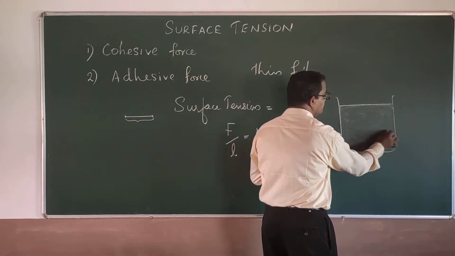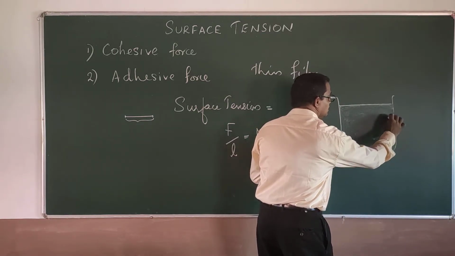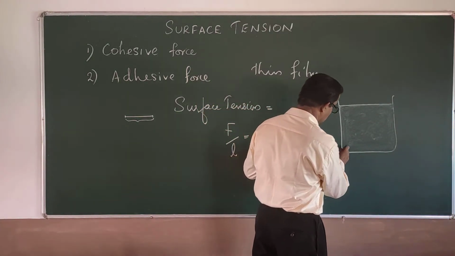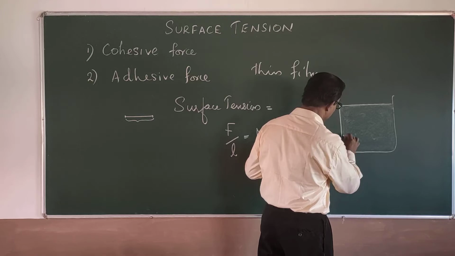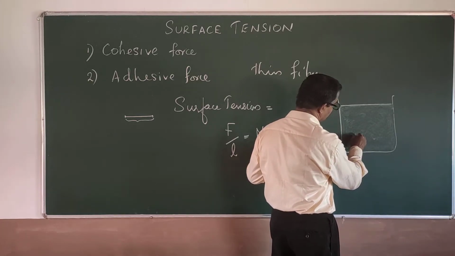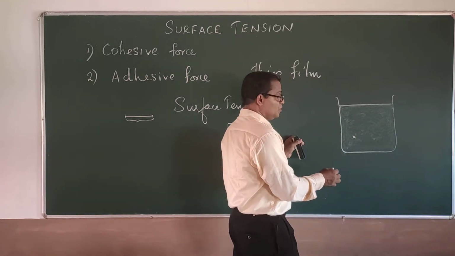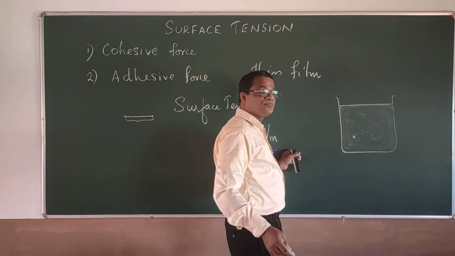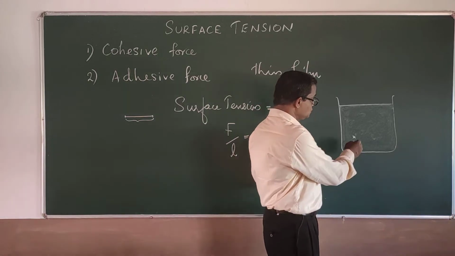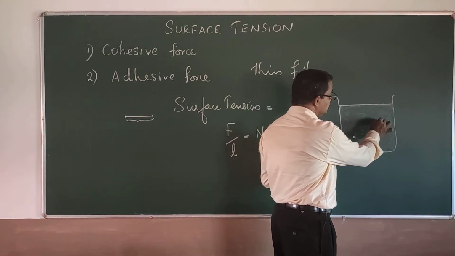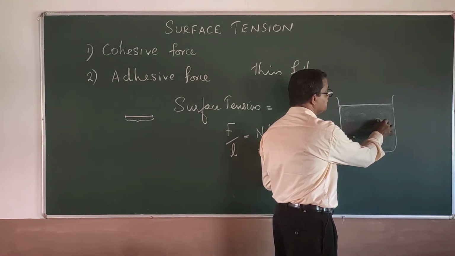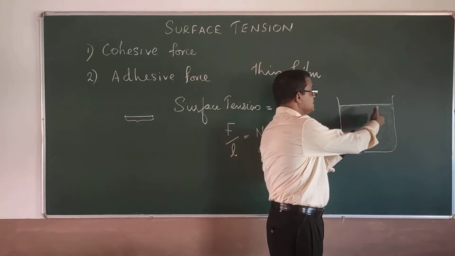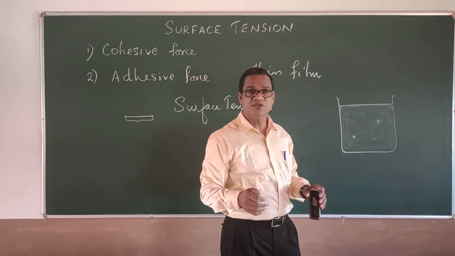Now, if I take a property in terms of molecular concept, a water molecule here will be experiencing force from all sides, so the net force on this one will be 0. Like that, here also there will be a sphere of influence, and force will be there from all sides, so the resultant force on that will be 0.